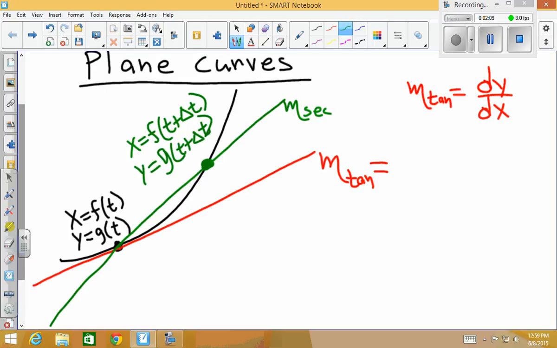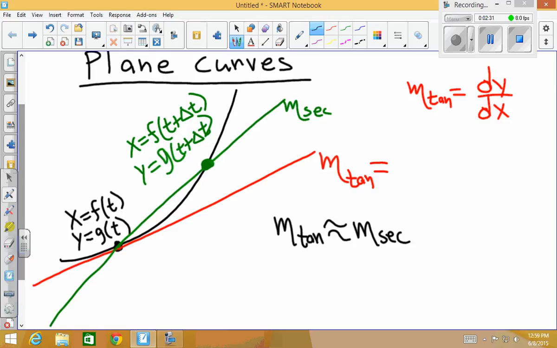So we changed t a slight amount. That gives us a second point on our curve. And then we draw this secant line between the two points. So the slope of the tangent line that we want is approximately equal to the slope of the secant line.